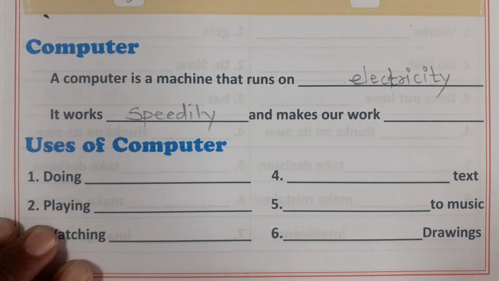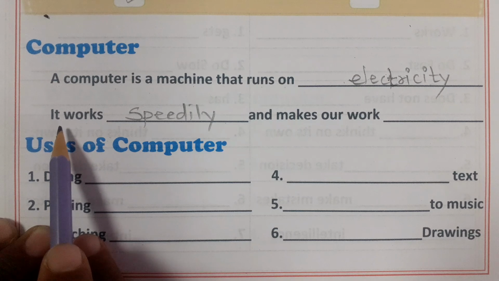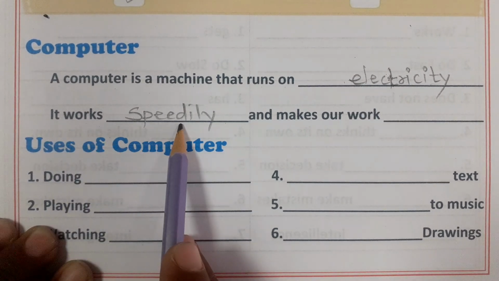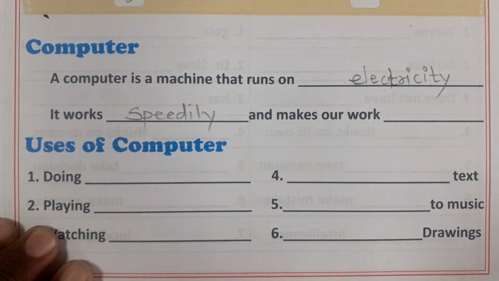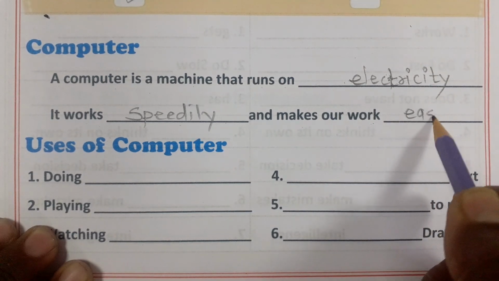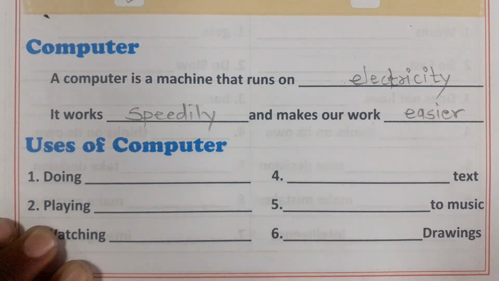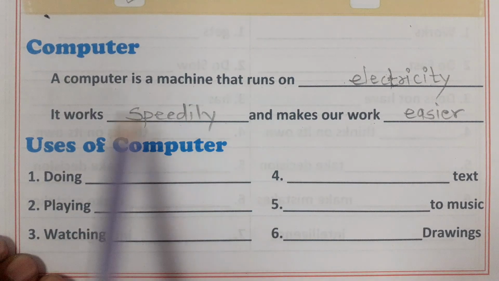All of you know that computer works very fast, means speedily. That is called speedily. Okay, computer works speedily and makes our work easier. Understand? Very good. Now this is about the computer.